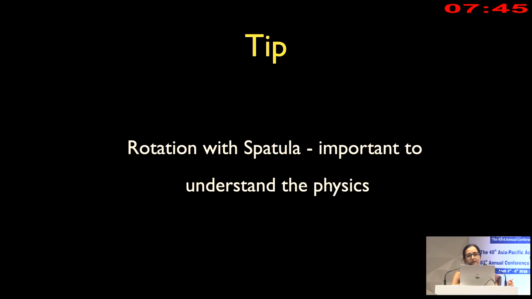The thing that we learned from this case was that always when you are rotating with a spatula, it is important to understand the physics of nucleus rotation. First prerequisite is to have a good hydrodissection. If you cannot do hydrodissection, let's say in a posterior polar cataract or a pre-existing rupture of any kind, obviously do not perform hydrodissection.